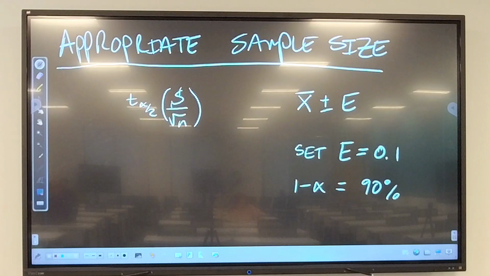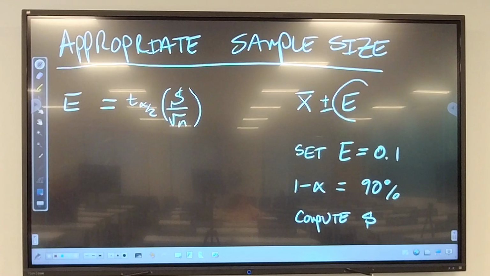And I would compute my sample standard deviation. This writing right here is the margin of error from the confidence interval.